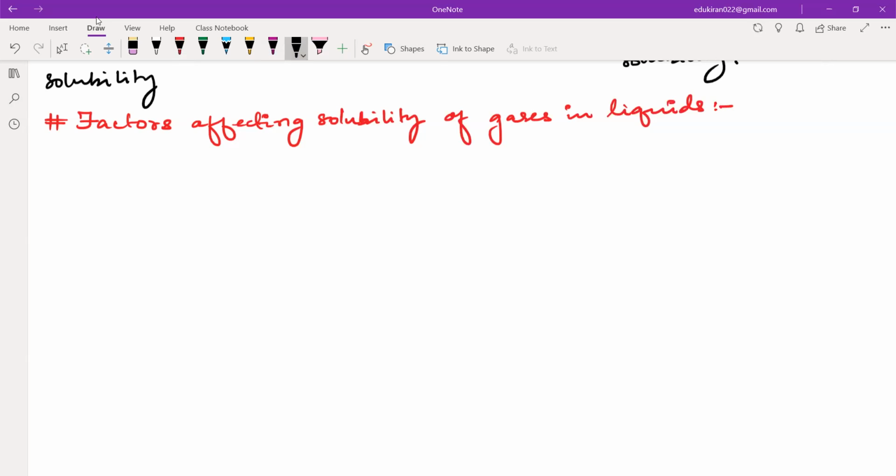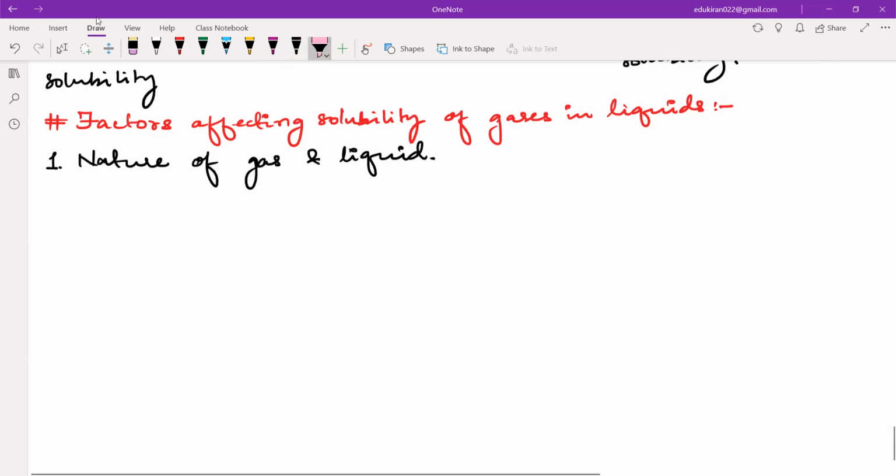So here also in the first case, we will write the nature of gas and liquid. What type of gas we are using and what type of liquid we are using is going to define the solubility. That is going to tell me whether it is more soluble or less soluble, right?